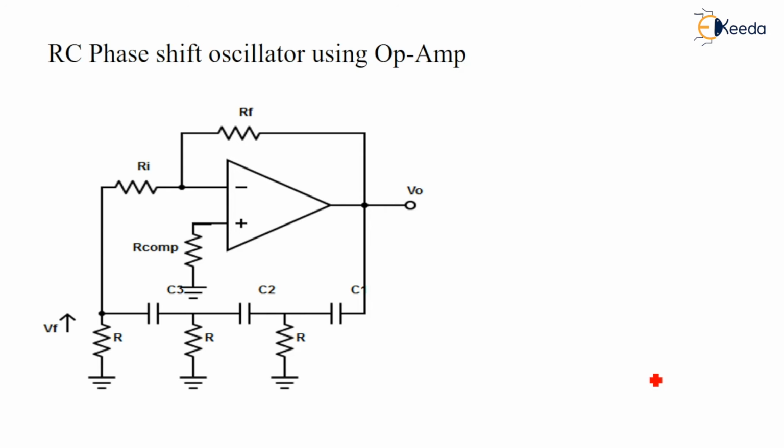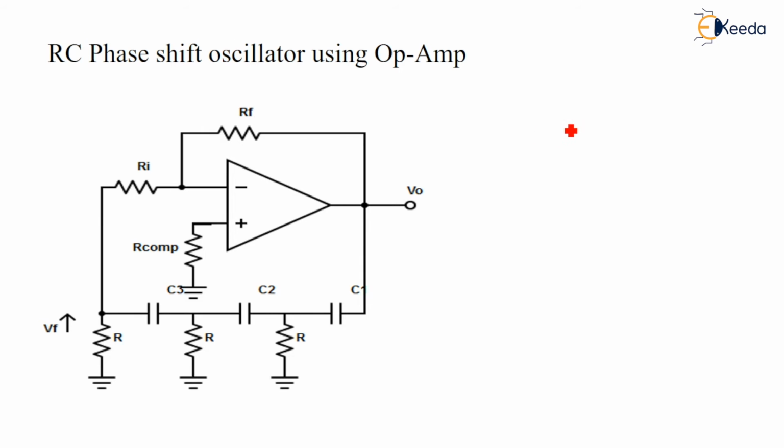If the tank network has a resistor and capacitor combination, then it is called an RC oscillator. If the combination is with LC, inductor and capacitor, then it is called an LC tank circuit.